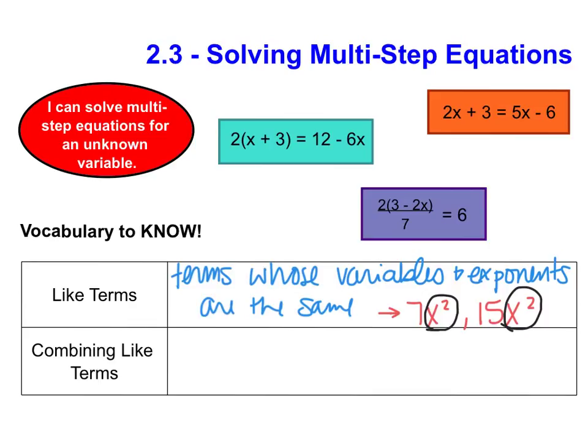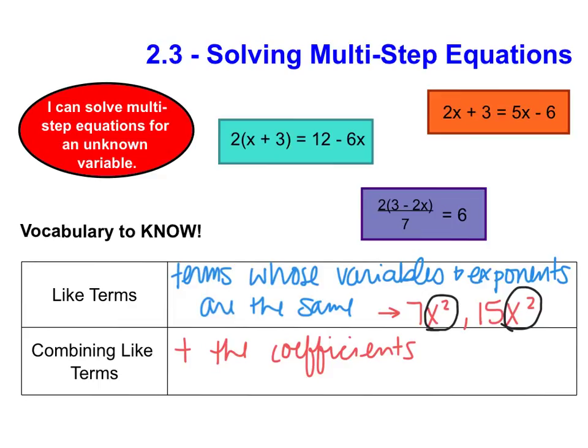However, when we talk about combining like terms, if you have like terms already, you simply add the coefficients. Coefficients are the numbers in front of the like term.